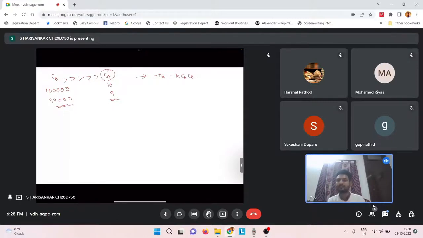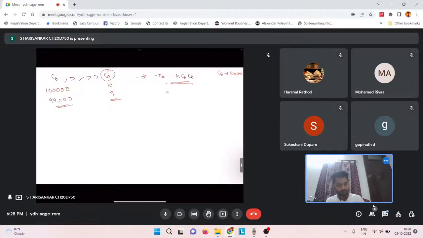So that is why you can approximate Cb as constant in this case, because the change in Cb does not affect your rate that much.